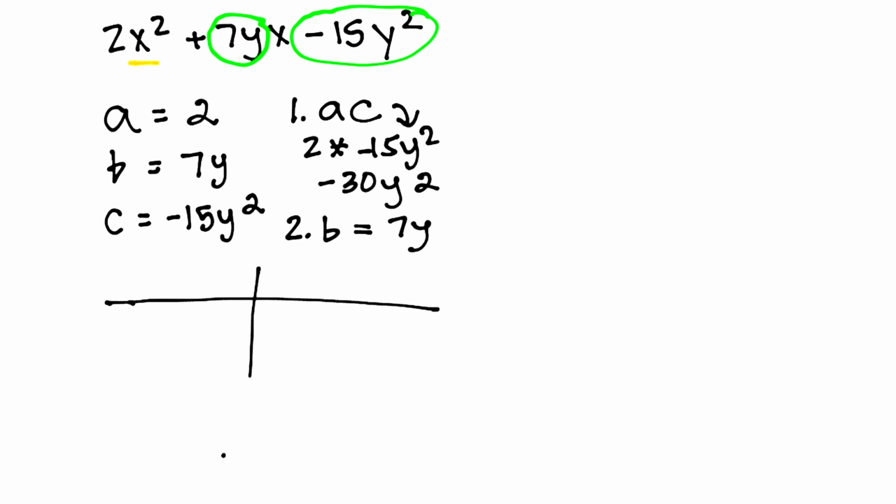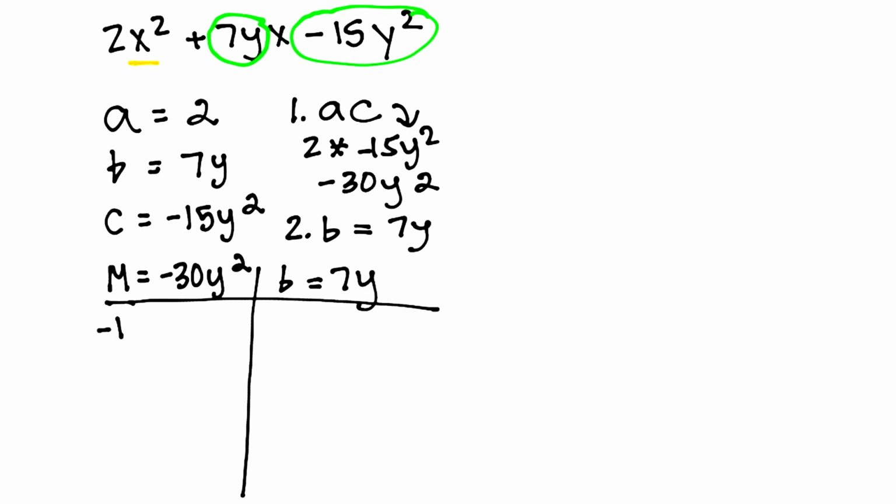So now we can make our table. So M is equal to AC, which is negative 30y squared, and B is equal to 7y. So we know that two numbers need to add to 7y, so we know that our factors are going to have y in them.